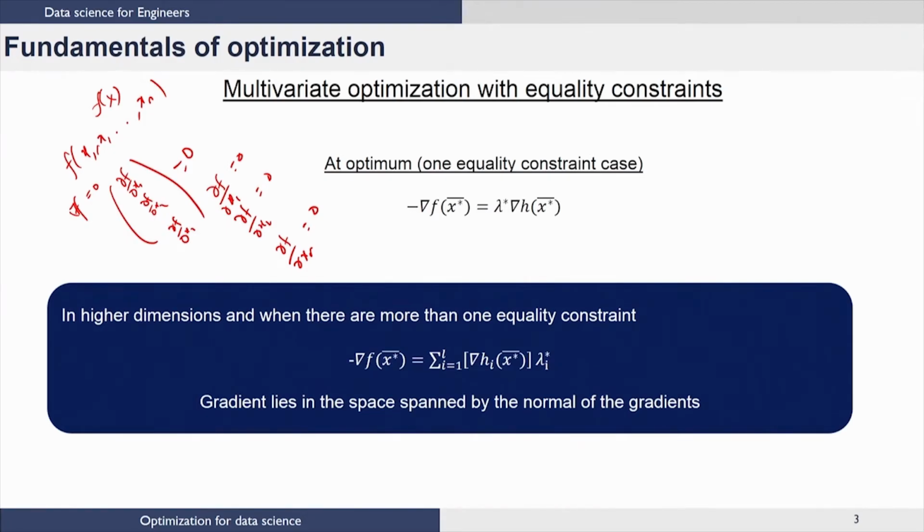Now, let us see what happens if I am trying to solve a problem where I minimize f of x, which is x1, x2 all the way up to xn. But like I said before, let us assume that I also introduce one constraint, of the form h of x1, x2 all the way up to xn equal to 0.